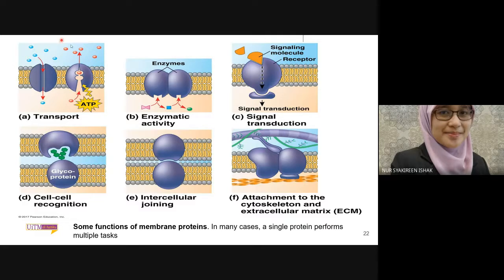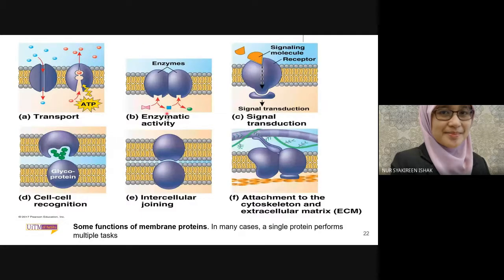Okay, so the next one here, you have the carrier protein. This carrier protein can function in both active and passive transport. For active transport, it requires energy from ATP. So it involves the movement of solute from low concentration to high concentration.